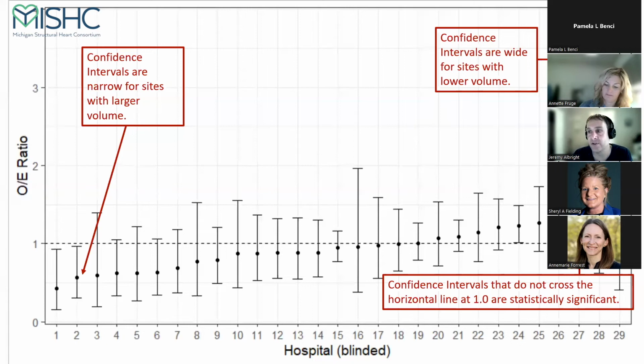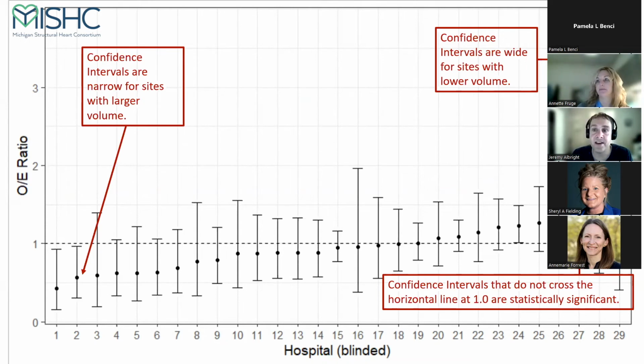And these confidence intervals are driven in large part by the volume. The more volume you have, the more information we have and the more certain we can be about your hospital's performance. If you have fewer observations, fewer cases, then it's harder for us to confidently say what your site's performance actually is. So we can take those OE ratios and we can calculate confidence intervals around them.